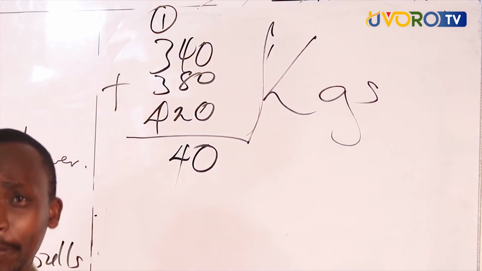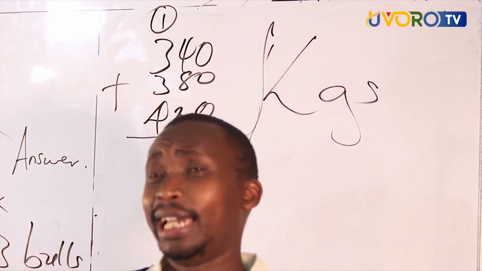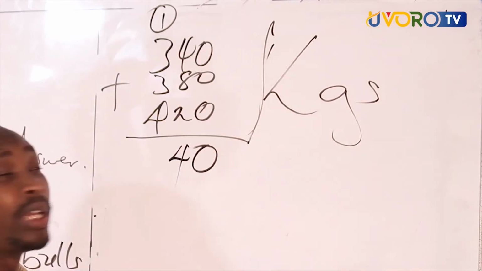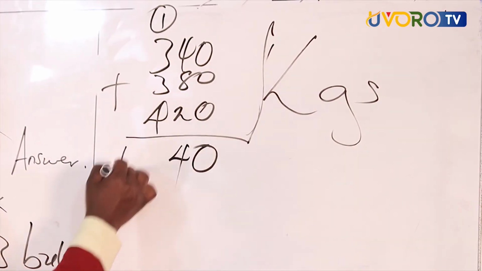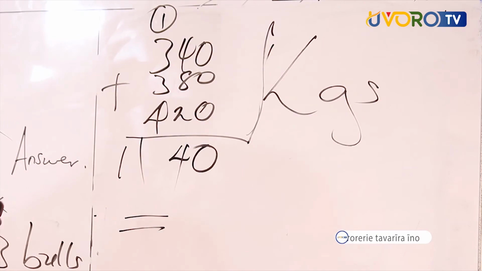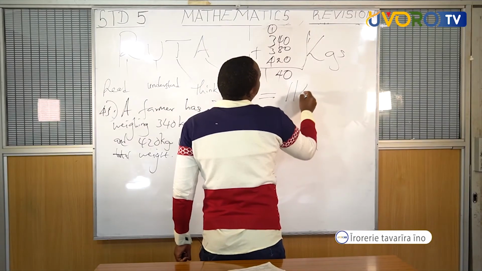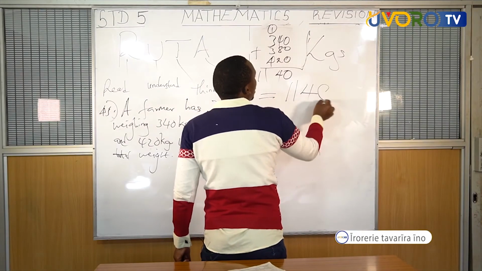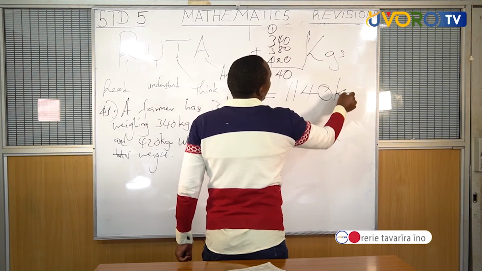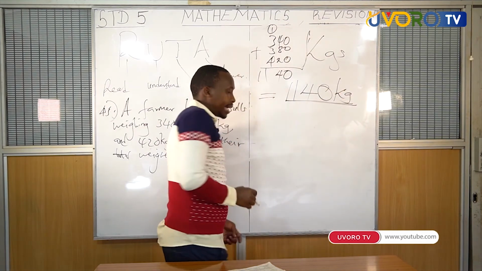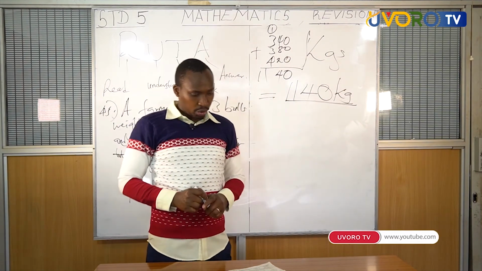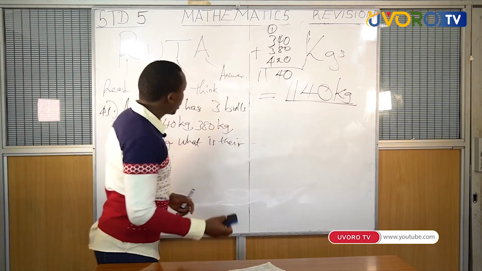Plus 4 is 10. Plus what we carried, 11. Now, the total weight is 1,140 kgs. We go to question number 46.